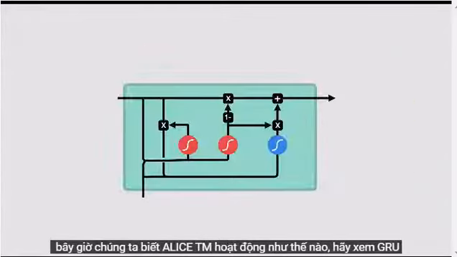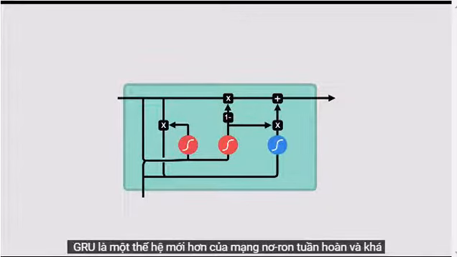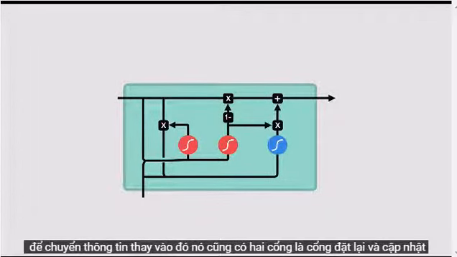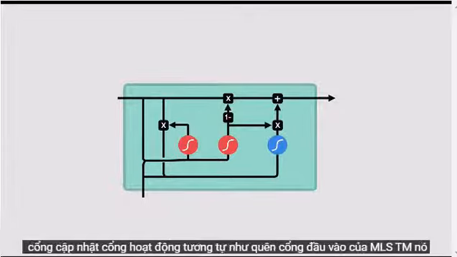So now we know how an LSTM works, let's look at the GRU. The GRU is a newer generation of recurrent neural networks and is pretty similar to an LSTM. GRUs got rid of the cell state and used the hidden state to transfer information instead. It also has 2 gates, a reset gate and an update gate. The update gate acts similar to the forget and input gate of an LSTM.